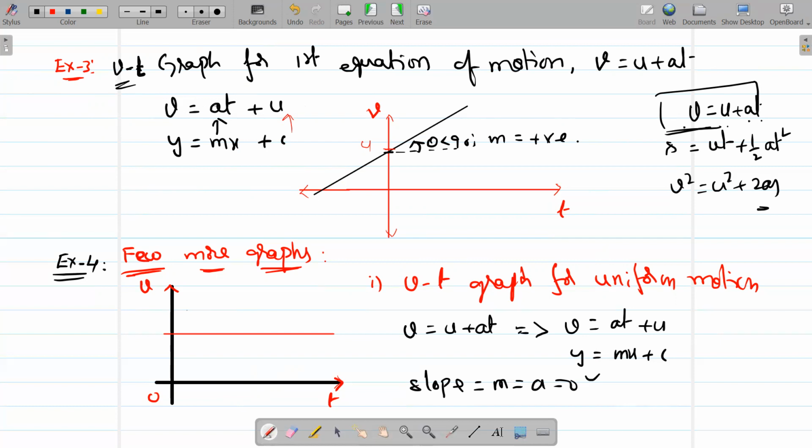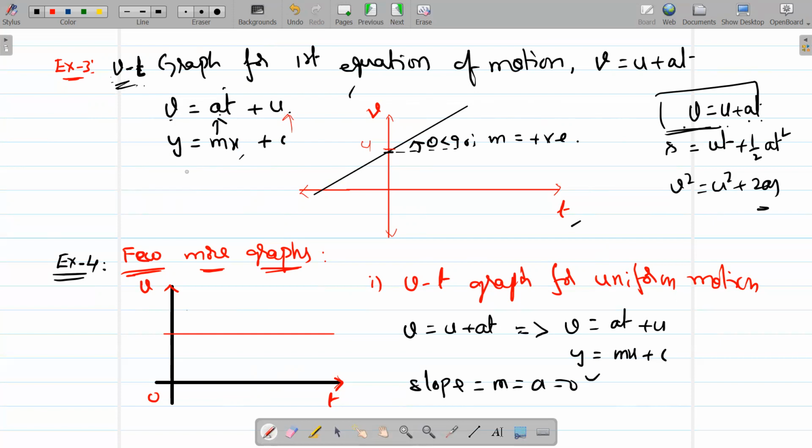See here, you can rewrite this as v is equal to at plus u, because we want to draw the graph between velocity and time. So v should be dependent on time, which is independent. So we are taking time on the x-axis, or horizontal axis, and velocity on the vertical axis. Now, just like x is a variable here, you can write it as v is equal to at plus u.